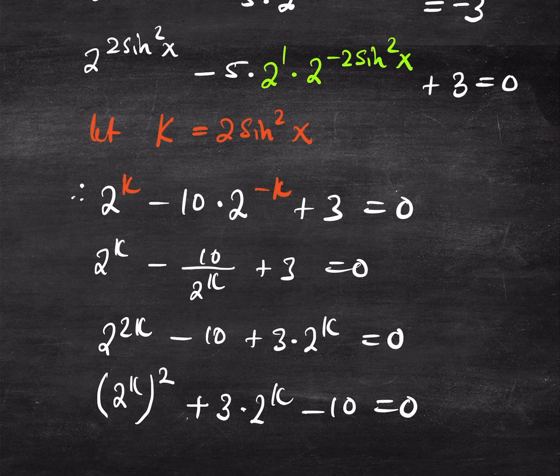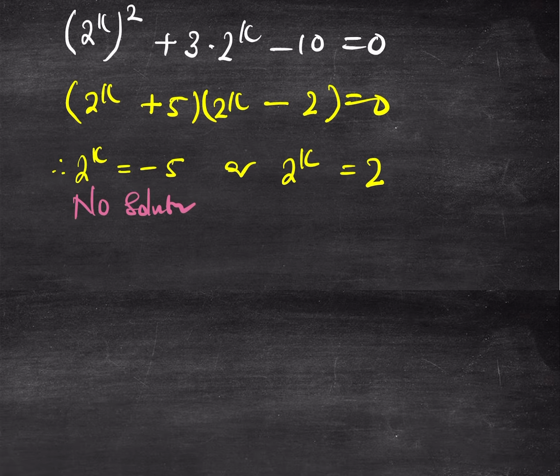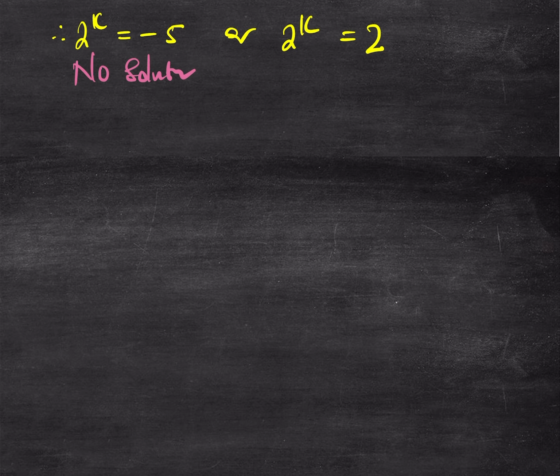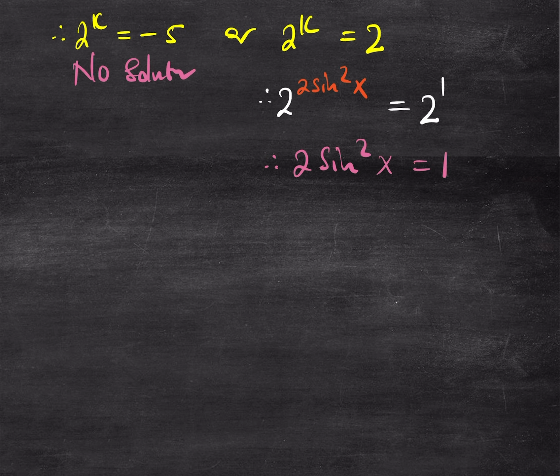Your k was this part, that is 2 sine squared of x. So now you are going to have 2 to the power k, but k was 2 sine squared of x, equaling 2. Now the bases are the same, so you can equate the exponents to say that you have 2 sine squared of x is equal to 1.